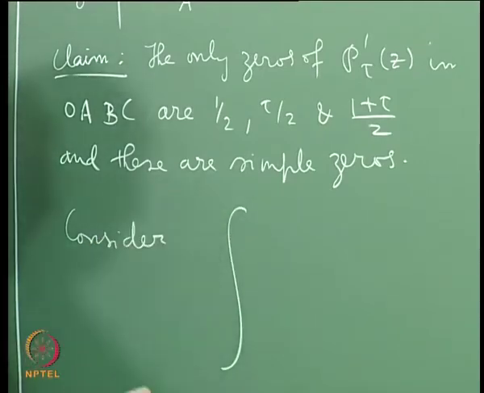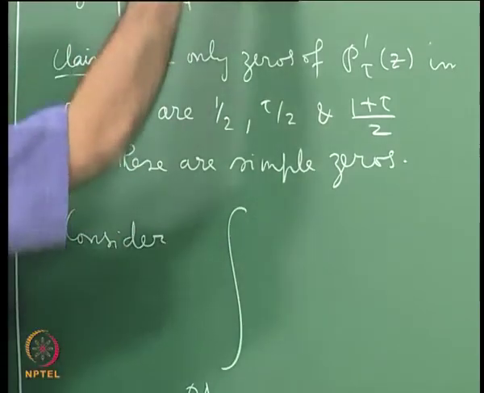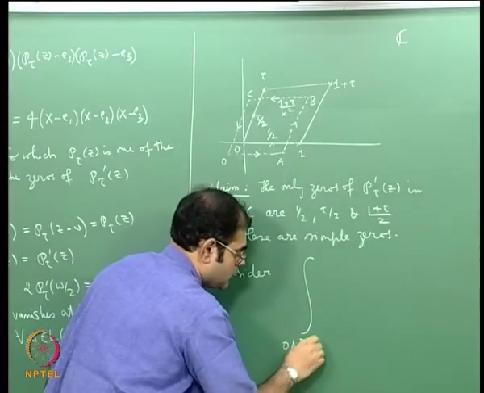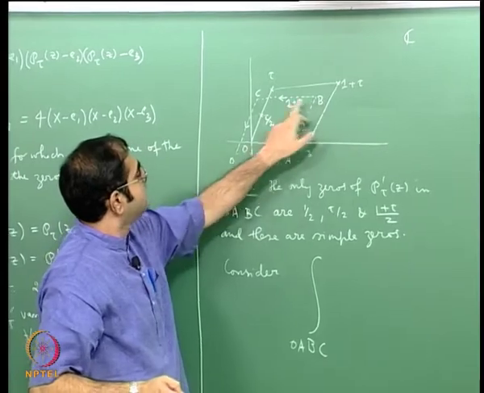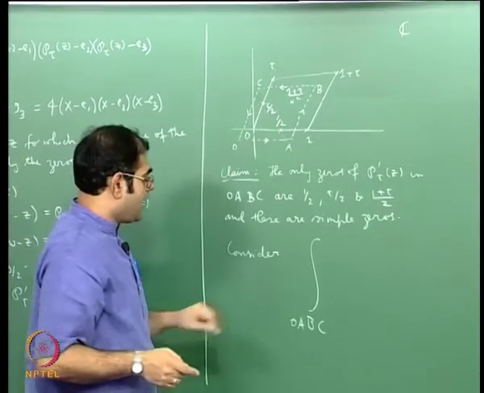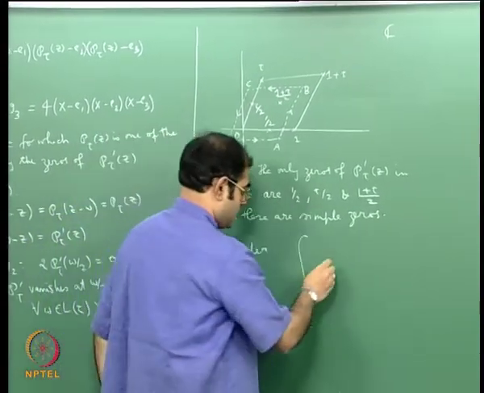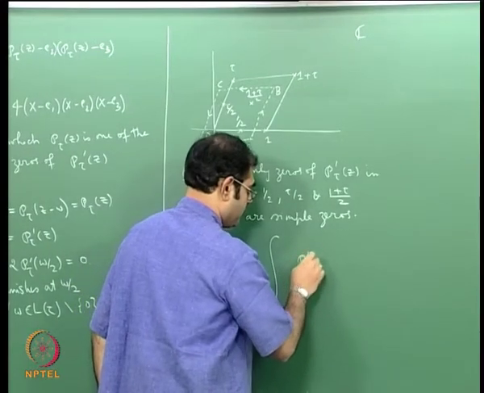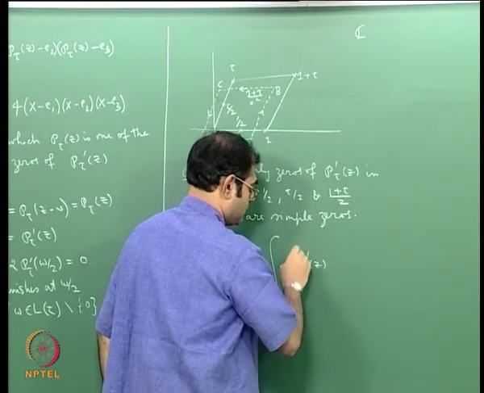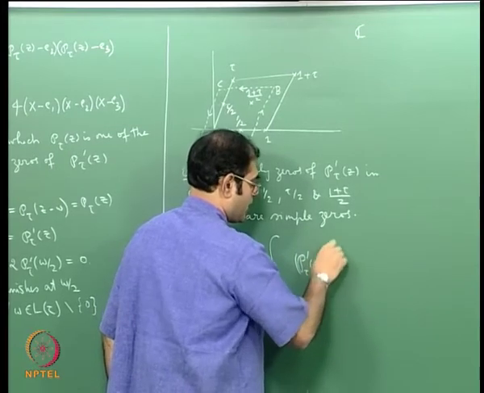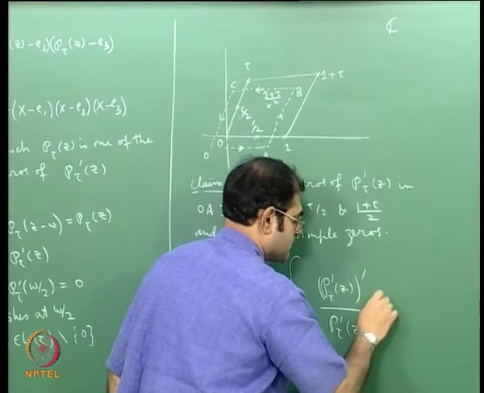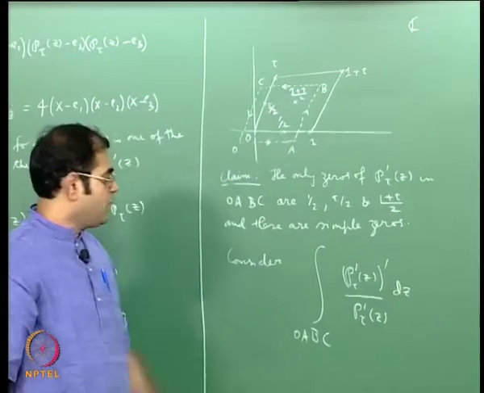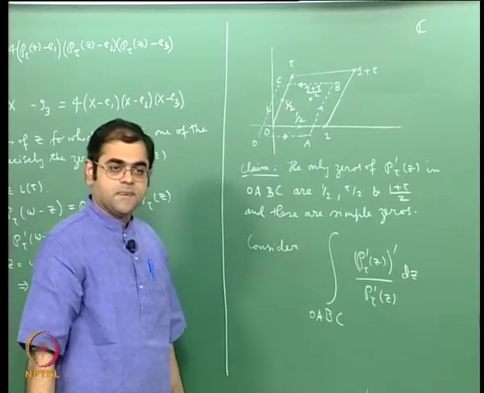I integrate over OABC, which is a closed path, with the orientation the way I have drawn it, and I am going to integrate the function p tau prime, the whole prime, by p tau prime of z dz. I am going to look at this integral.